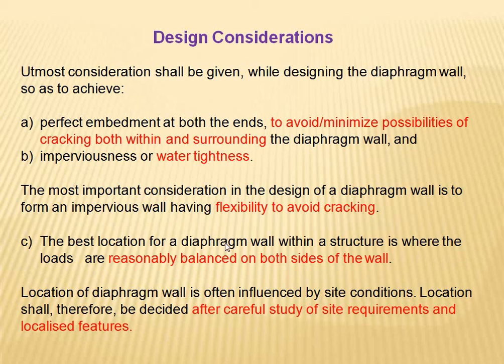The best location for a diaphragm wall within the structure is where loads are reasonably balanced on both sides of the wall. After deciding all the parameters, we can construct the diaphragm wall with careful study of the site requirements and localized features.